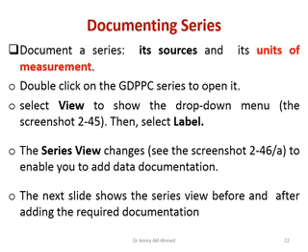Thus, the series view changes as shown by the screenshot 2.46a to enable you to add data documentation. The next slide shows the series view before and after adding the required documentation.